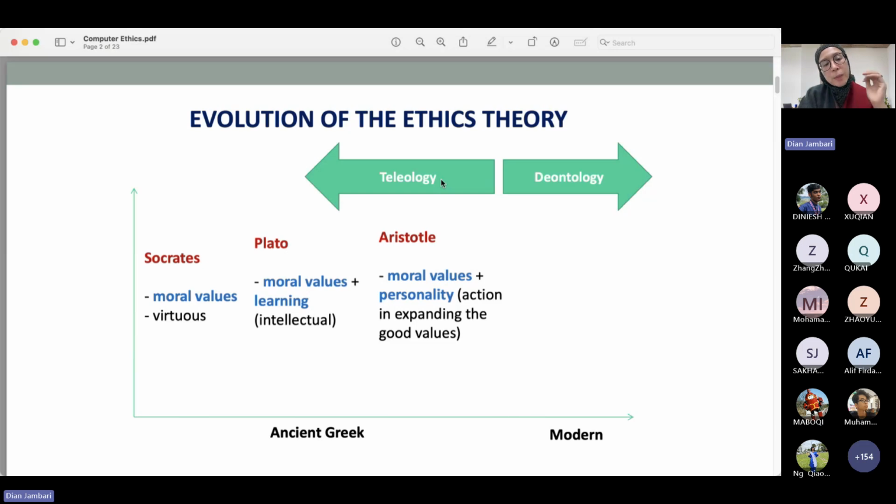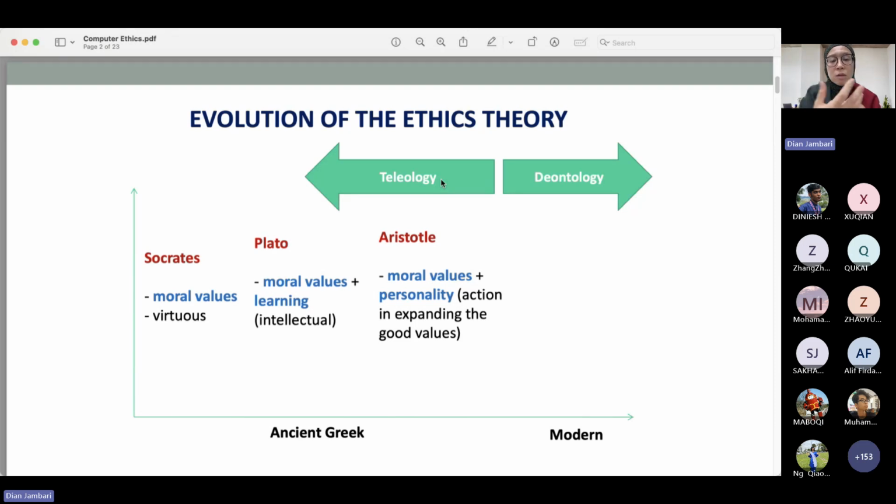And then we also have Plato. Plato evolved that from Socrates. According to Plato, ethics is also defined as the moral values of a human.